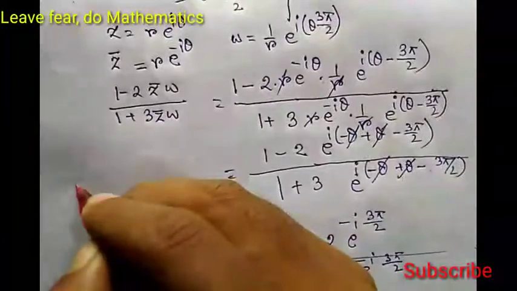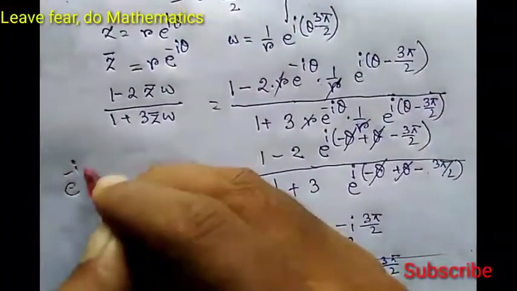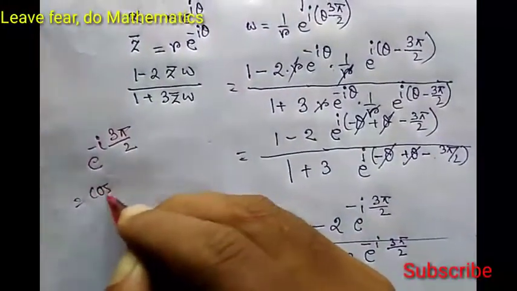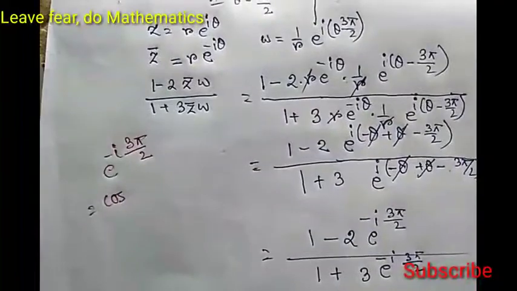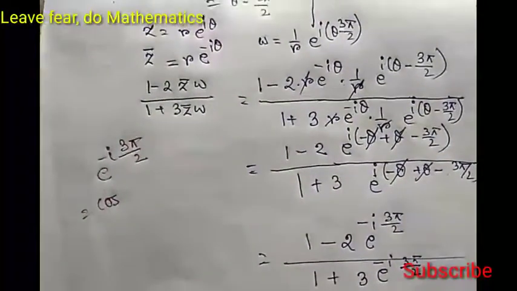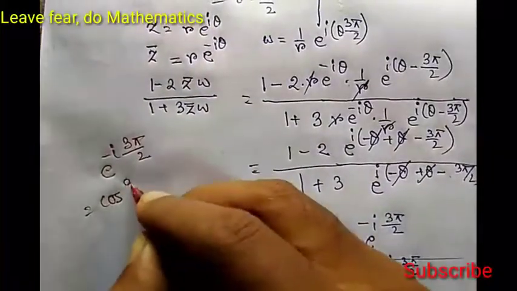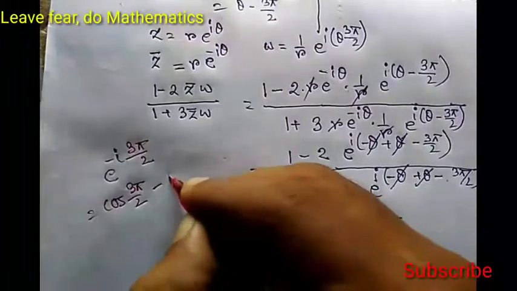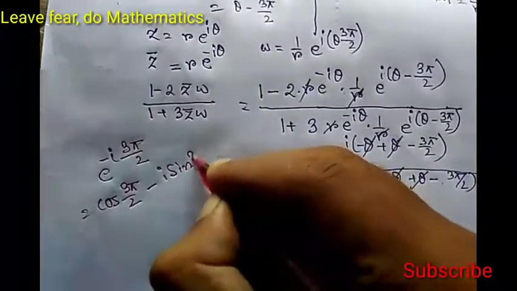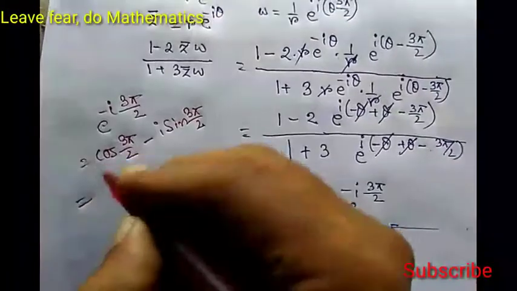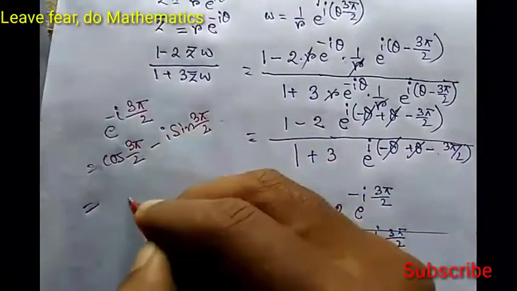Let us calculate that. e to the power minus i into 3 pi by 2 is cos 3 pi by 2 minus i sin 3 pi by 2. Now cos 3 pi by 2 is 0.